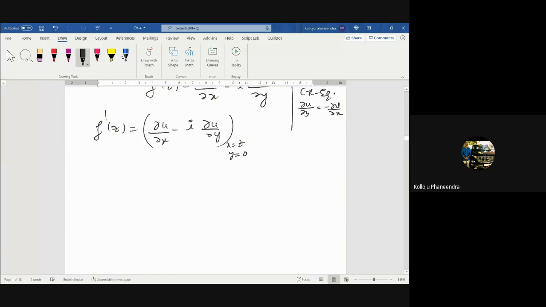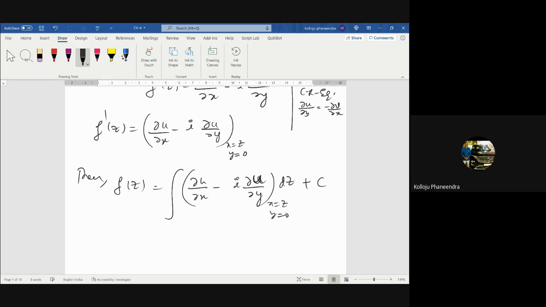Then what is f(z)? Then f(z) is equal to the integral of ∂u/∂x minus i ∂u/∂y at (z, 0) dz plus c.